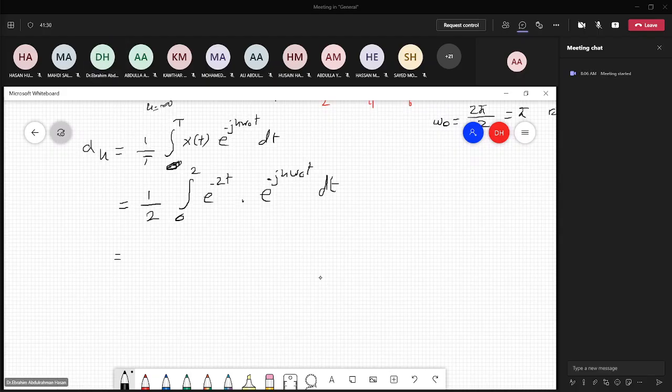So it's 1 over t, integration from 0 to t. Just add these two together, so we can take a minus common. So from here we have 2 plus jk omega, and omega equal to pi, t dt.